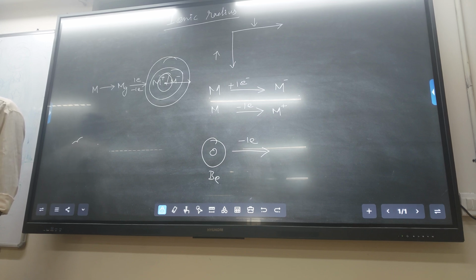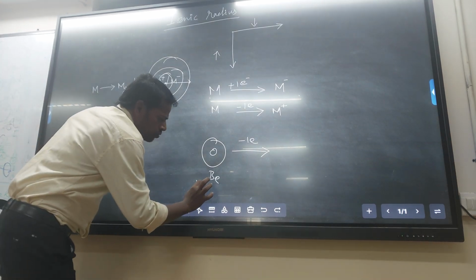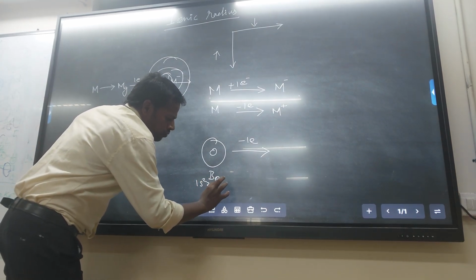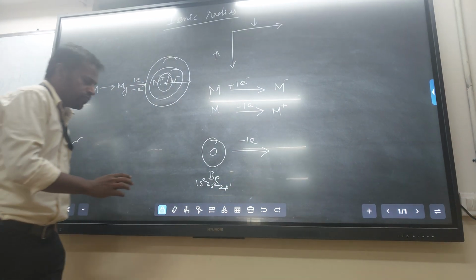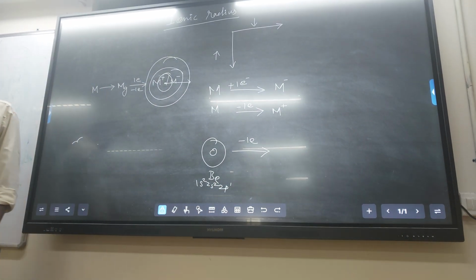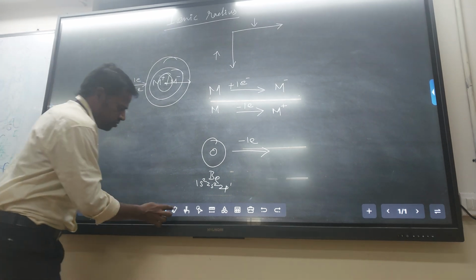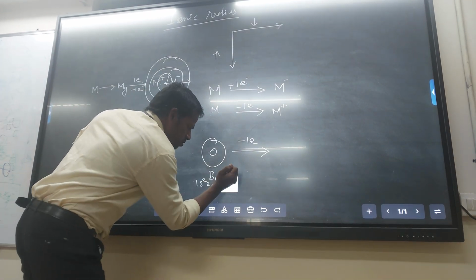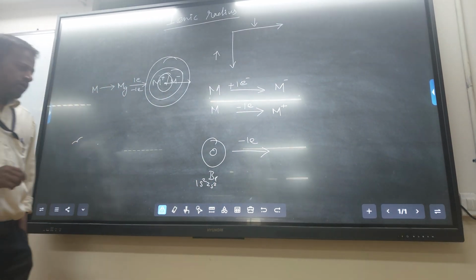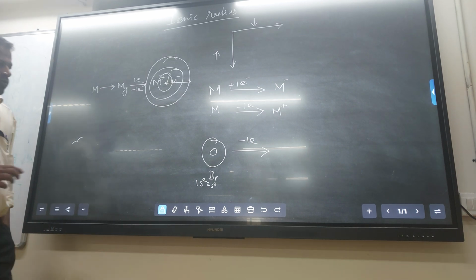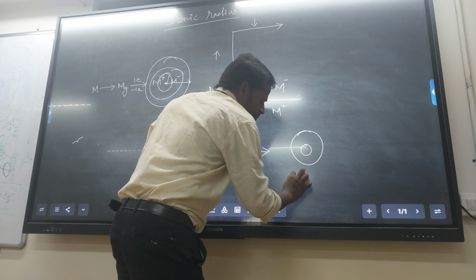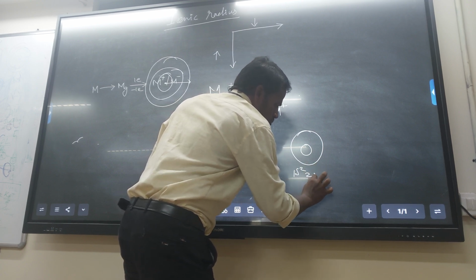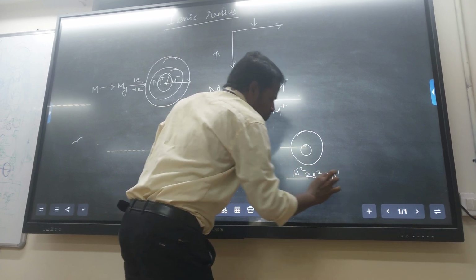Beryllium is 4: 1s2, 2s2, then 2p1. Okay, so here, if you add one electron, it is 1s2, 2s2, 2p1.